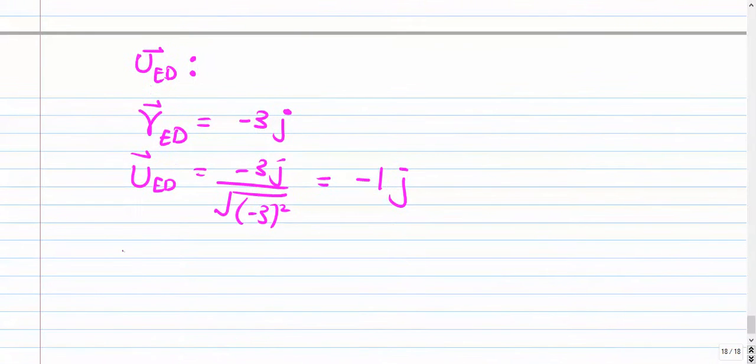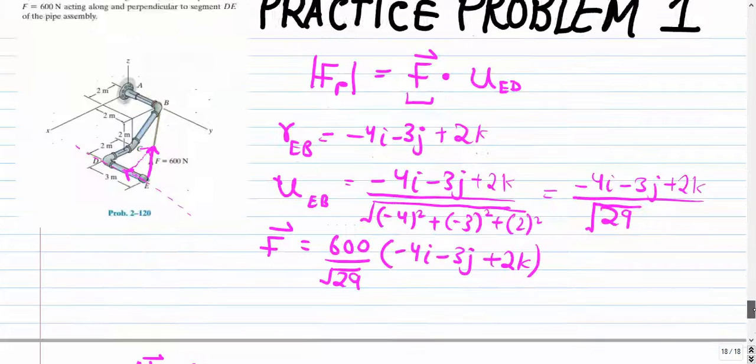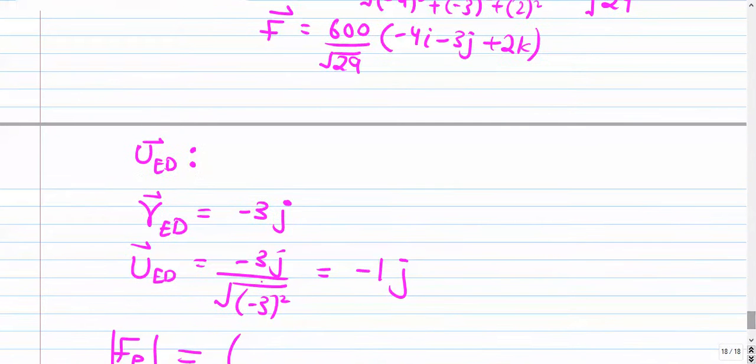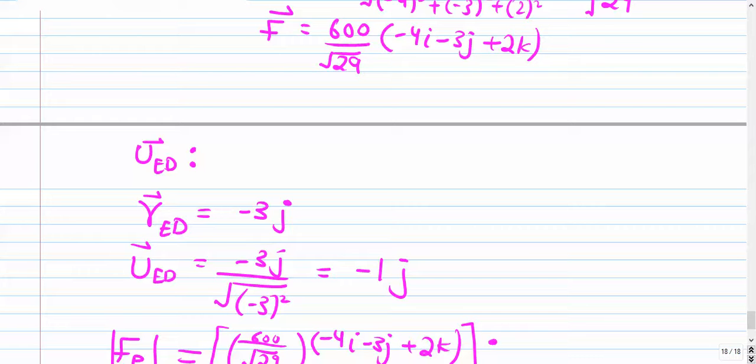Okay, so let's find the magnitude of the parallel component by taking the dot product of the force vector F, so this is the force vector F, with the unit vector in direction of ED, that is negative j.